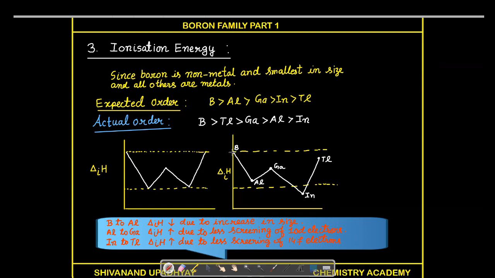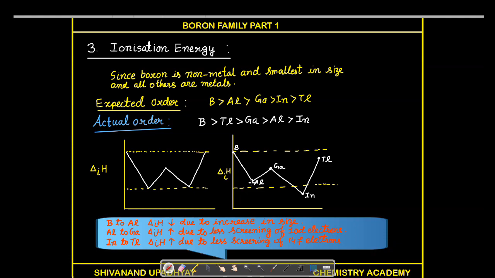Now we can explain why the ionization energy is decreasing from boron to aluminium: because as we move down, aluminium has more size than boron. Boron is a non-metal, aluminium is a metal. So the ionization energy should decrease due to the increase in size. But why does the ionization energy increase from aluminium to gallium?